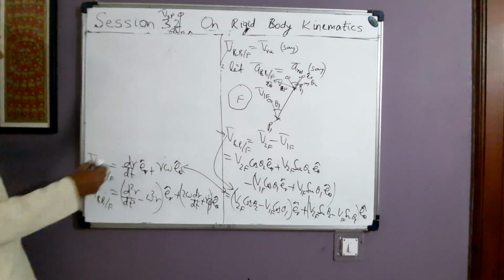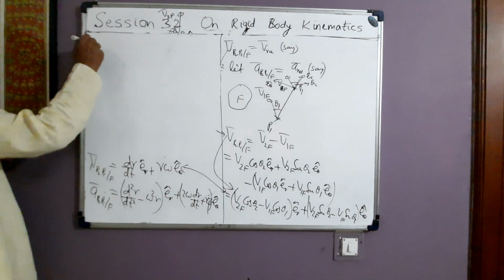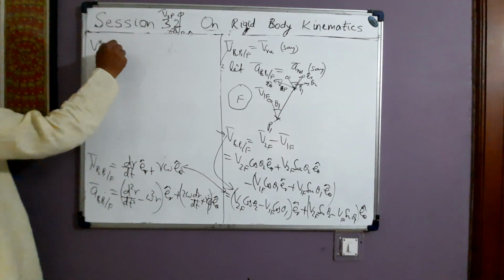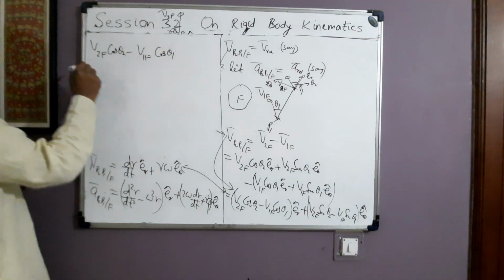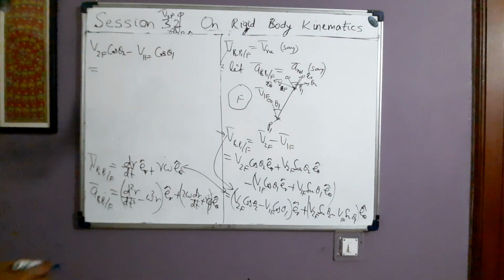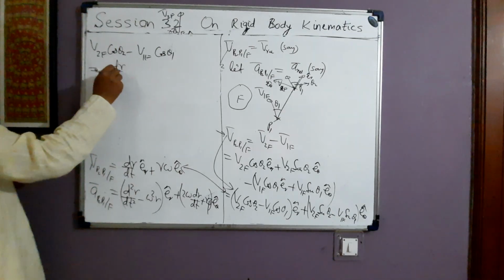So what do we get? If we equate the coefficients of ER on both sides, we get V2F cos theta 2 minus V1F cos theta 1, which is the same as dr by dt.